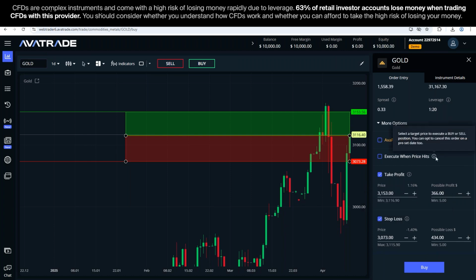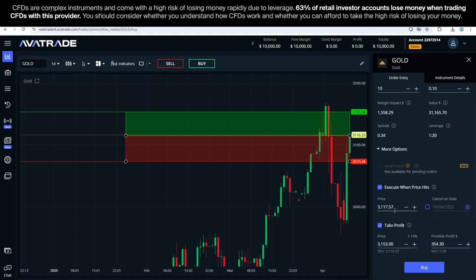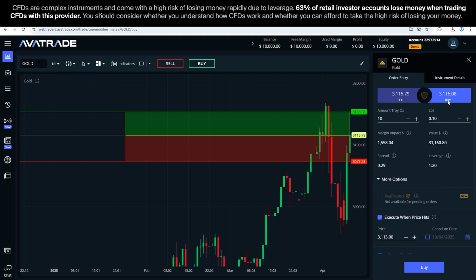What does that mean, execute when price hits? Well, we can as well automate the entry and choose a price in advance. If we don't want to launch the position at market execution, we can go with a pending order for a buy. How does this become a pending buy?